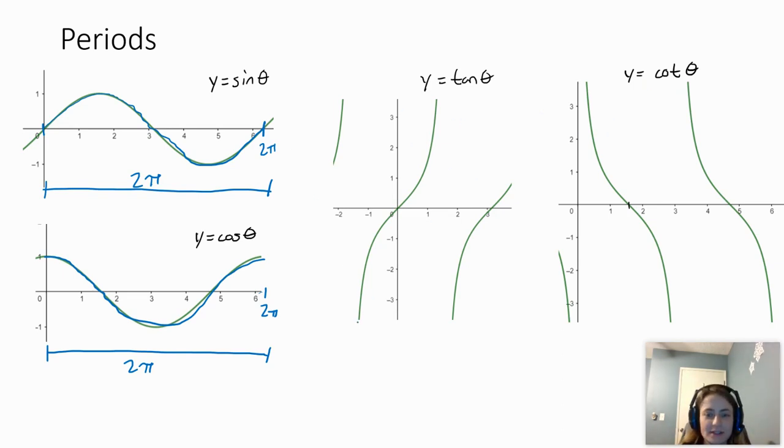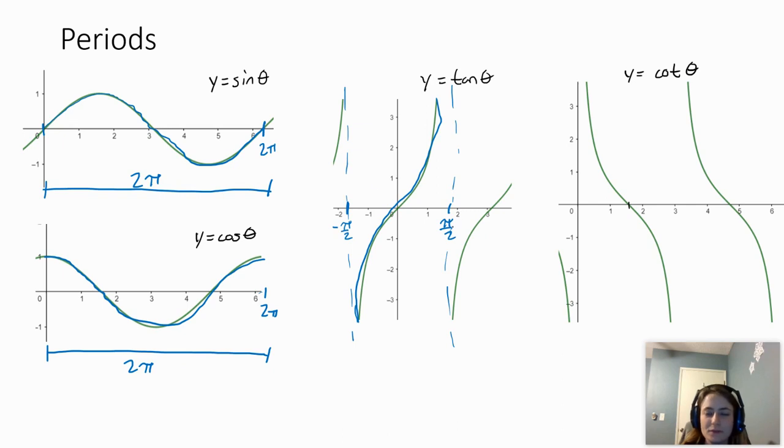So tangent, we see that one period would be this curve here, and it's copy and pasted to the left and right. And we know that the vertical asymptotes for this tangent graph are negative pi/2 and pi/2.